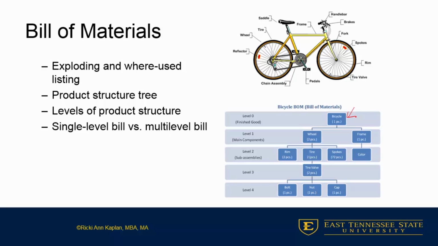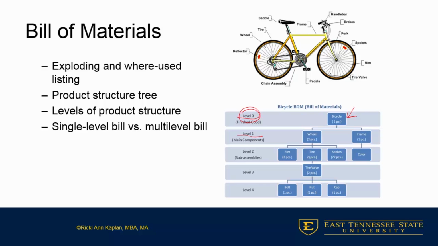If we start exploding pieces out, we're going to go to the next level, and notice our finished good is considered level 0. We're going to go down to the next level, level 1, and we're going to take a look at our main components. Our main components are the wheels, which have 2 pieces, and a frame, just one of those.